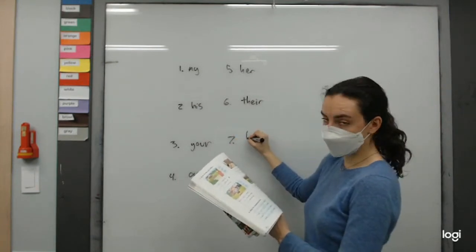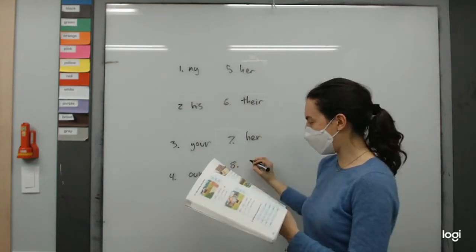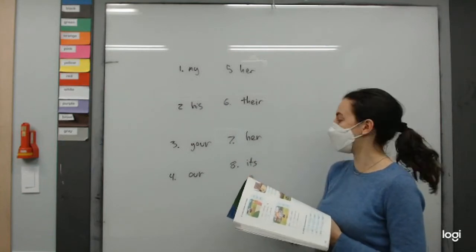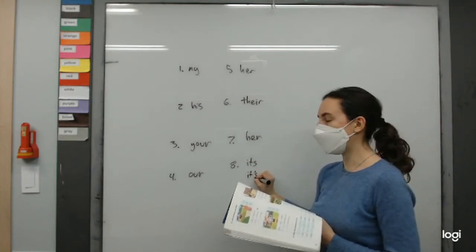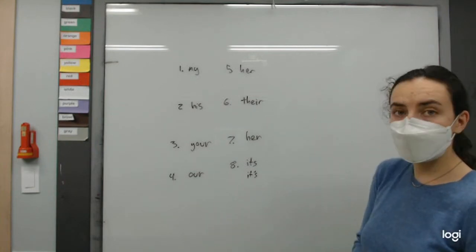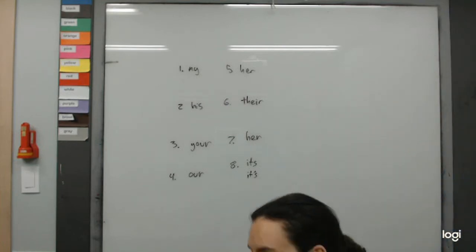Jenny, her, because Jenny is a girl's name, and then it becomes its, no apostrophe, because it's, this with apostrophe is it is, okay? So now please check your answers, pause if you need to, I will erase, and we will go to the next page.